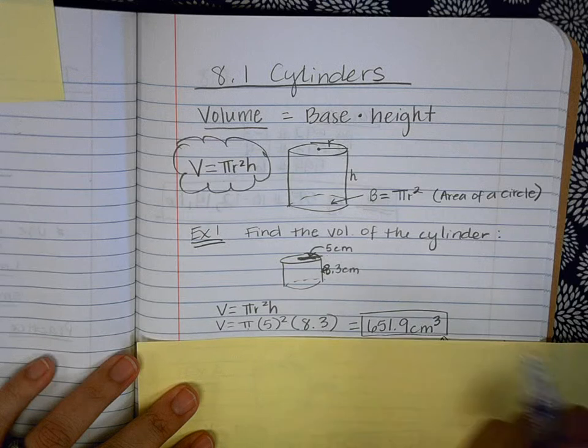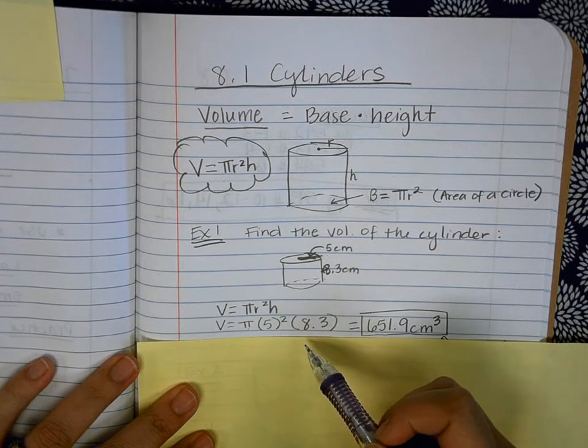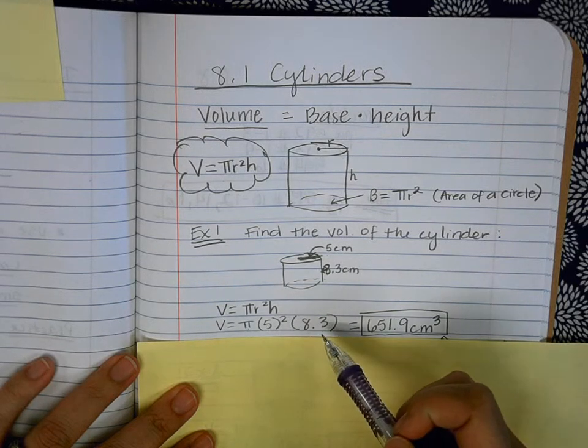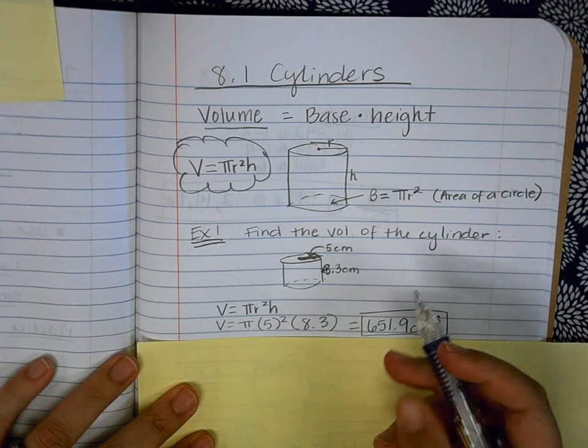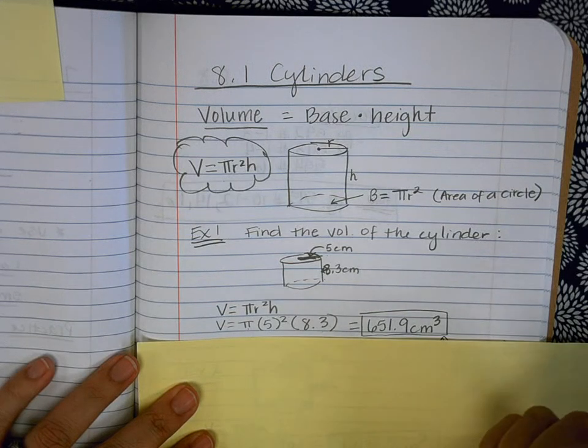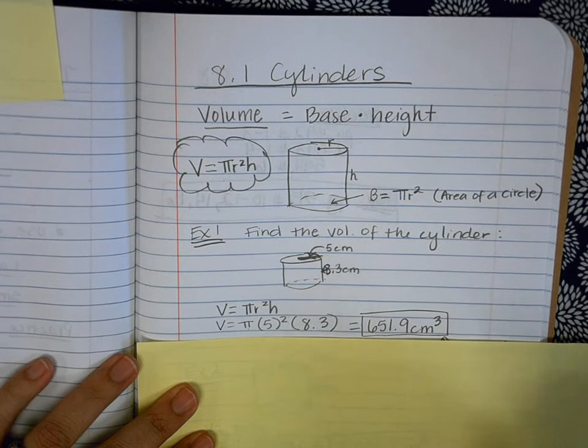207.5. You did 25 times 8.3. Okay, what's 25 times 8.3? 207.5. Okay, now hit times pi. And then hit equals. I got 651.9.